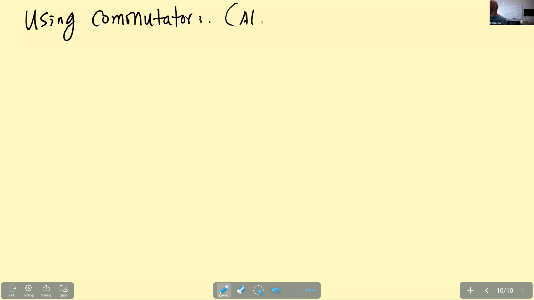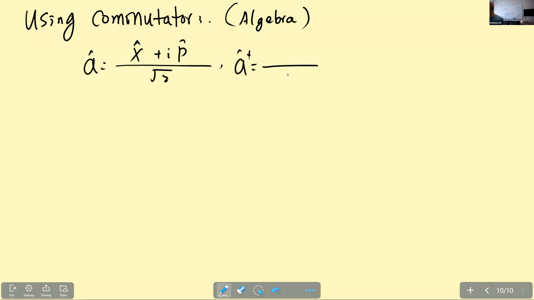This one is called the algebra. Don't worry about the name, okay? Right, so we write this one. A is defined as the square root of 1/2 times (x plus iP), and A dagger, another operator, is defined as the square root of 1/2 times (x minus iP).